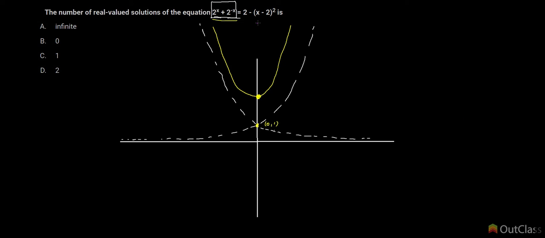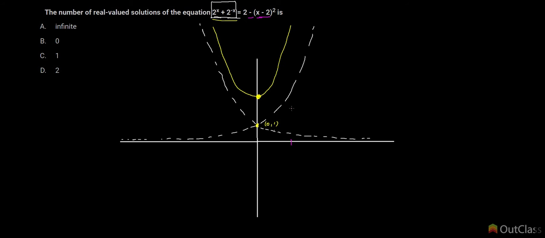What about the RHS? There's a lot happening here. First you have the x square curve, which is a parabola, but then it's shifted 2 units to the right. So it's going to go through 2, 0, but then it is negated. So it's going to look like this, and then it is upshifted by 2 units.